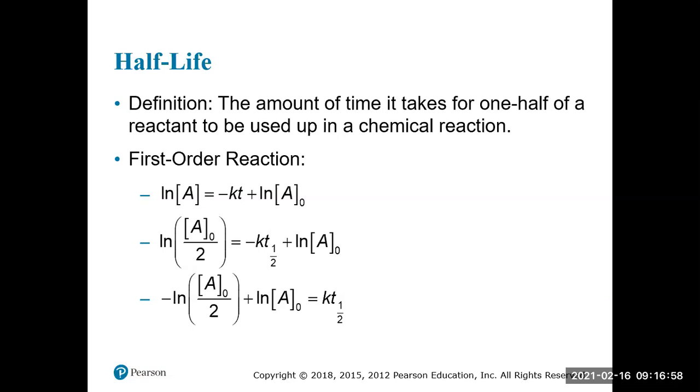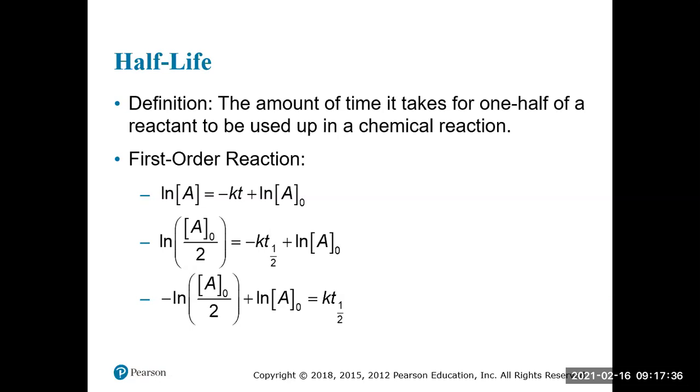So if we go back to our first order reaction equation that we talked about in the last slide, we have natural log of A equals minus KT plus natural log of the initial concentration. We defined half-life as the amount of time it takes to get to half of the initial concentration.